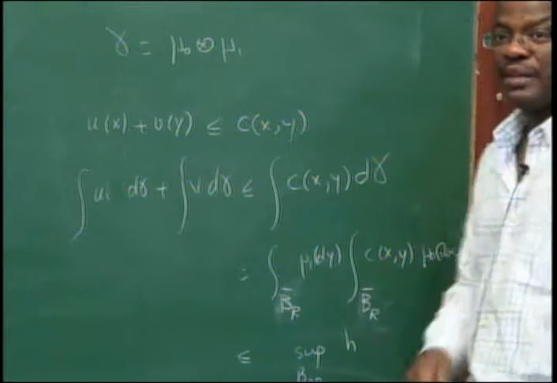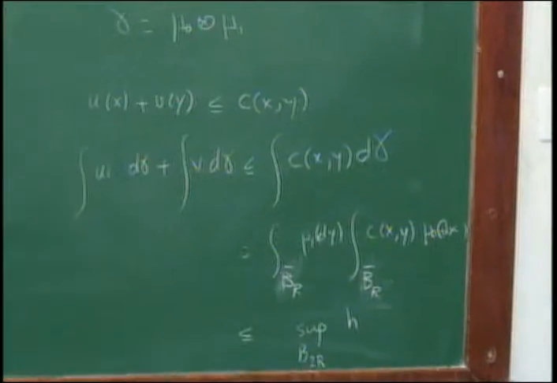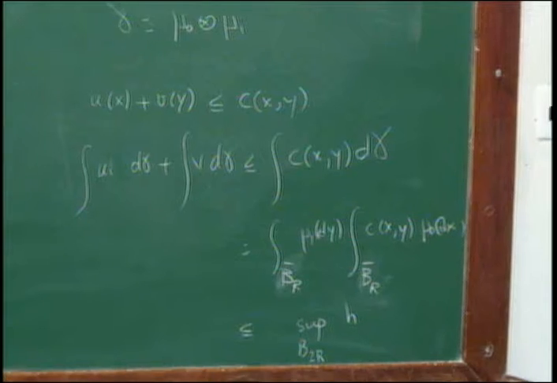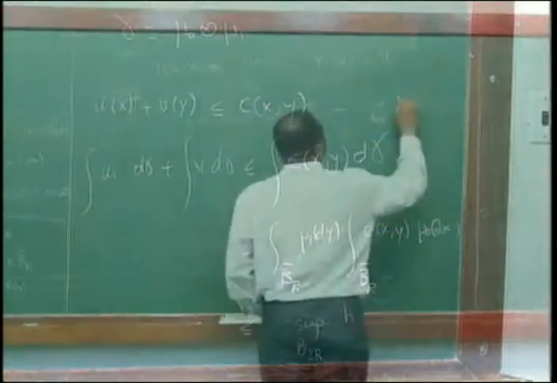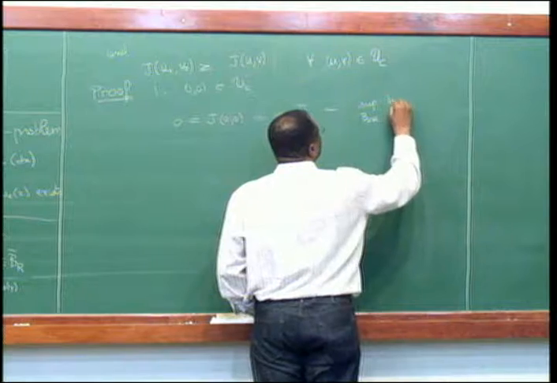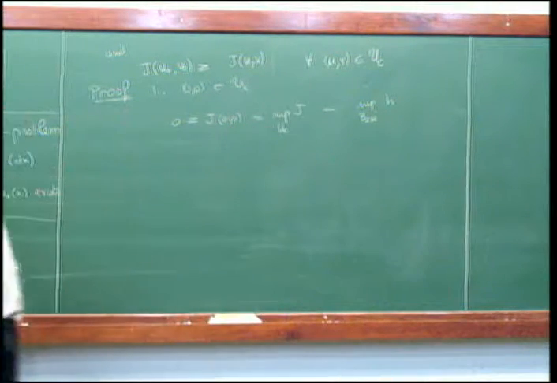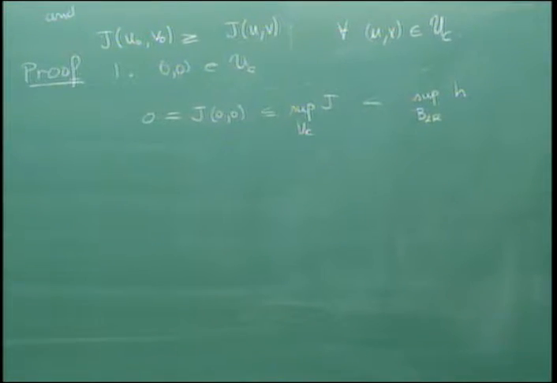So I am using the fact that mu 1 and mu naught are probability measures, and so if I integrate a constant, I get that constant. So this is less than the supremum on the ball of radius 2r of h. And so the supremum is not plus infinity.